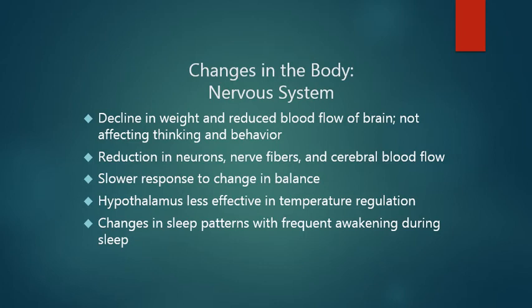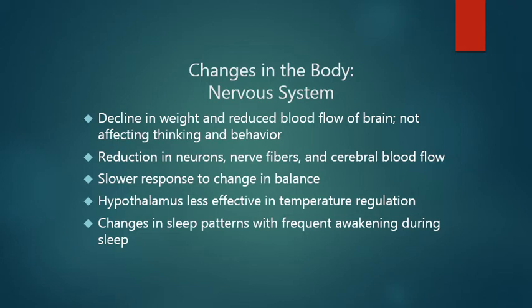Okay, so let's look at the nervous system. They will have a decline in the weight and reduction of the blood flow of the brain, not affecting thinking and behavior. So remember, we talked about there being less intracellular hydration, water. So anytime you have cells that are drier, they're going to weigh less.